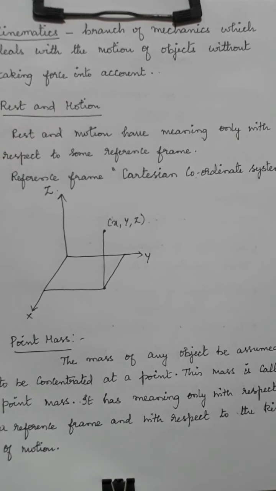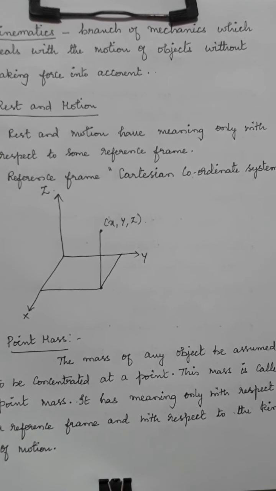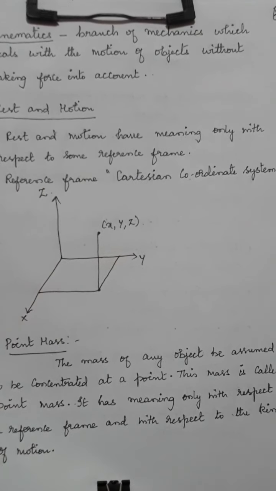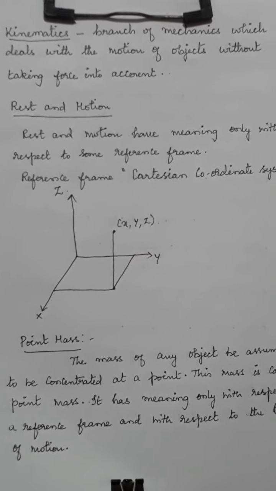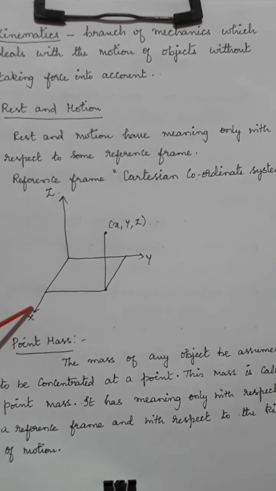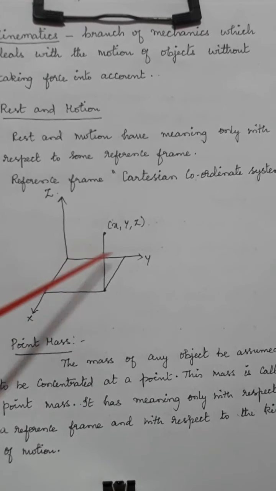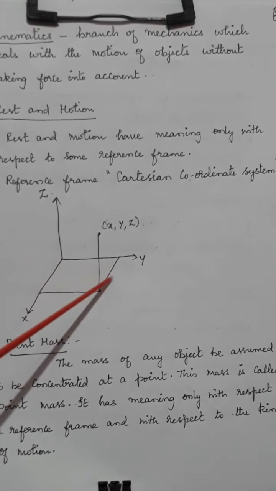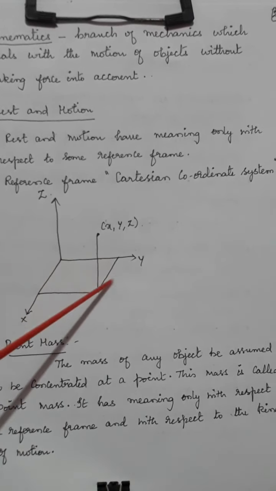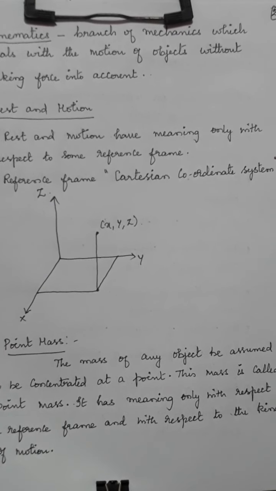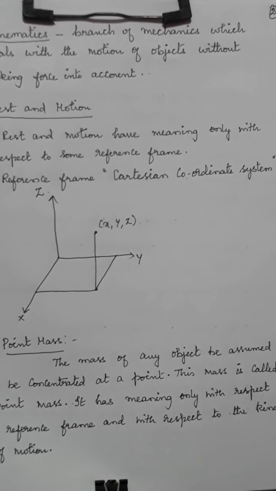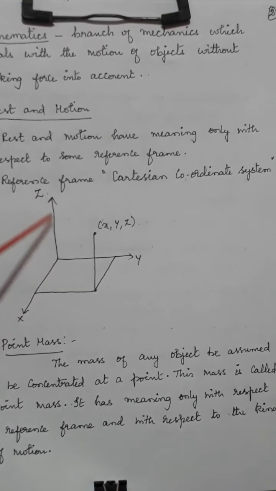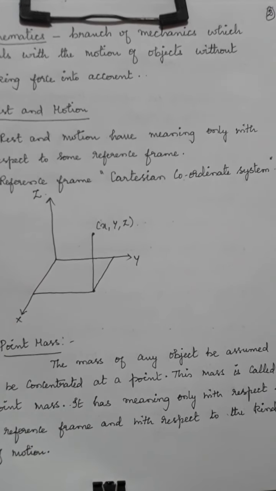Rest and motion. But this rest and motion is explained using something called a frame of reference. Frame of reference is nothing but, you would have studied already in graphs about the x and y axis. But x and y axis is only two-dimensional. Here this Cartesian coordinate system will have three dimensions, with the z-axis also, which is a projection.